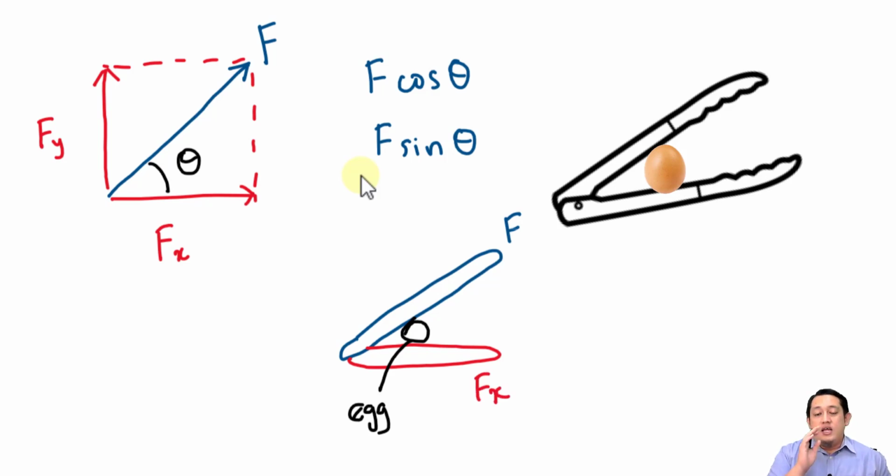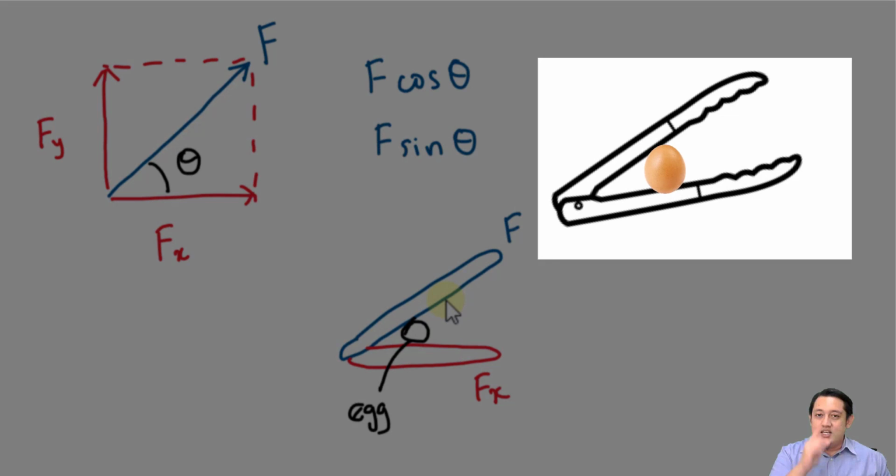Let's say we want to resolve our F to Fx. When we do this, we have an egg at the center, in the middle of F and Fx. So what will happen to this egg when we do this? This egg will be crushed.